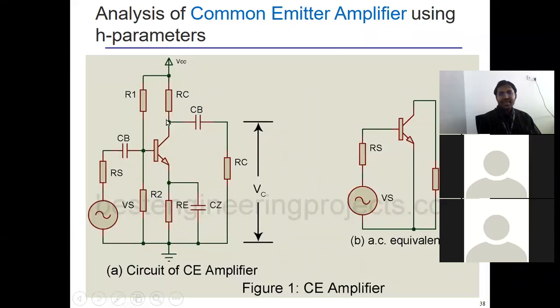From here you have your resistor, a combination of these two resistors, which we write as RL. In simple words, this is the equivalent for your CE amplifier. Now you can replace this by H parameters and analyze.